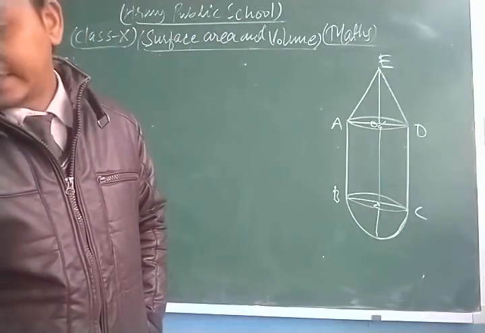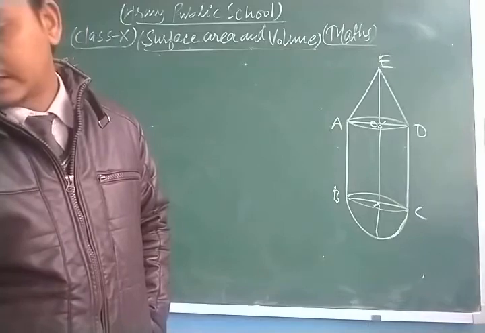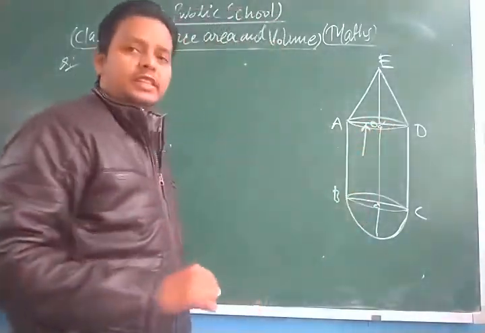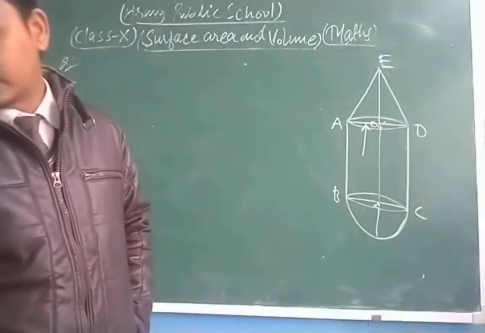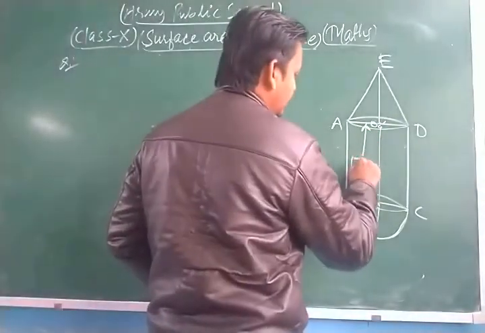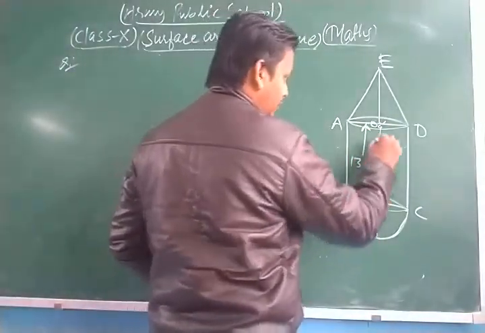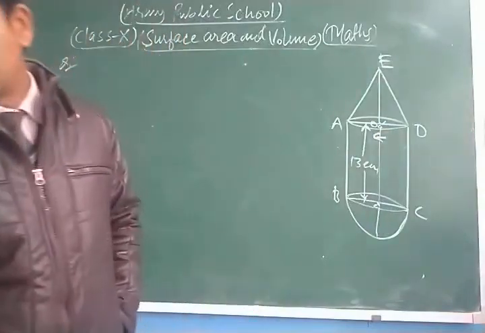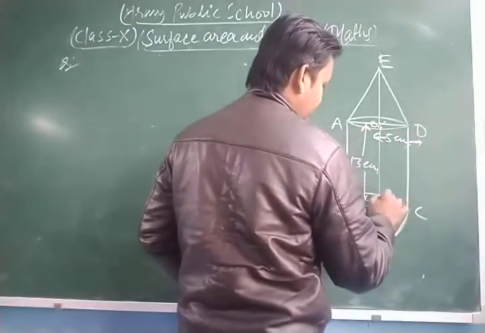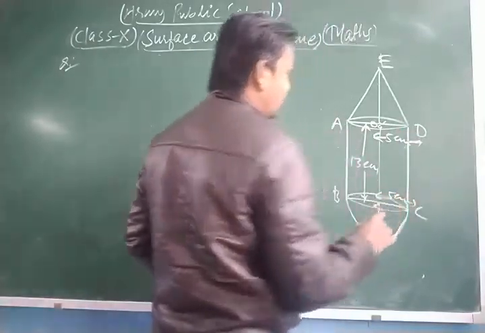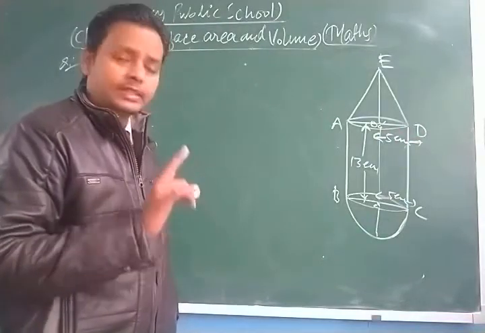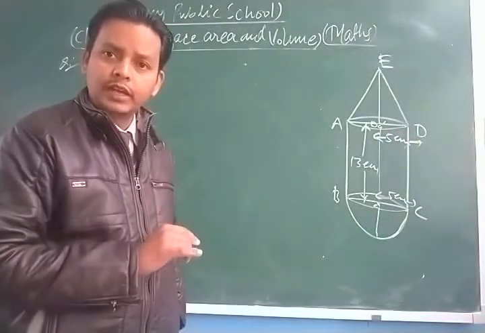The height and radius of the cylindrical part are 13 centimeters and 5 centimeters. So this is 5, this is 5. According to the figure, the radius of the cylinder is the same as the radius of the cone as well as the radius of the hemispherical end.